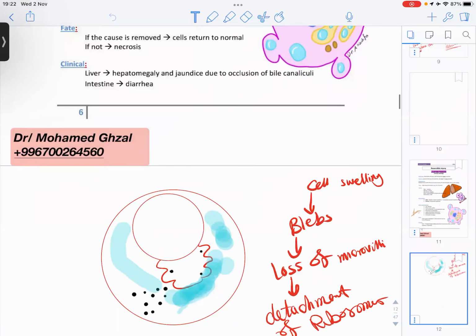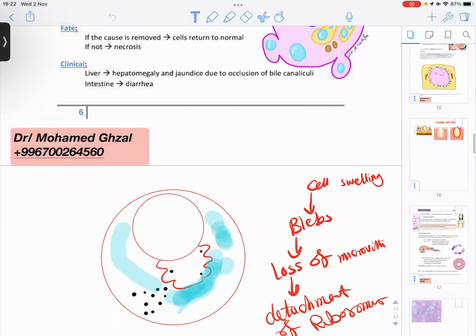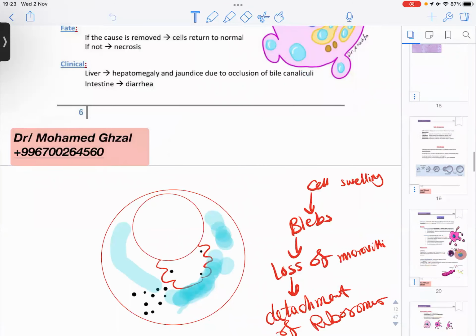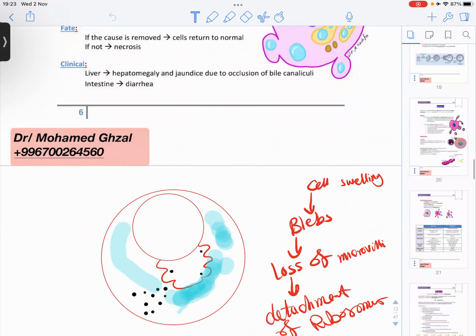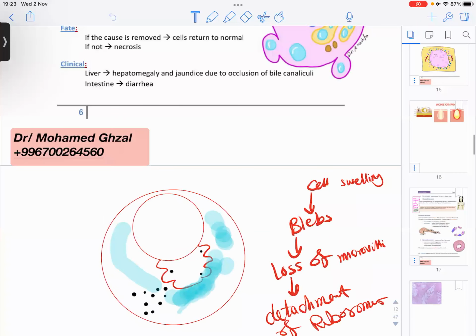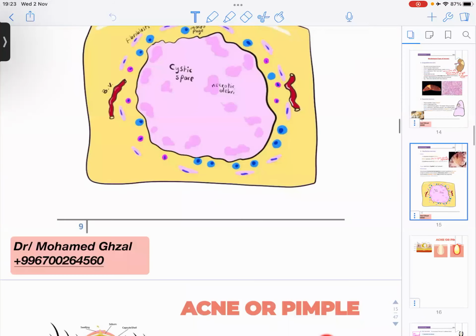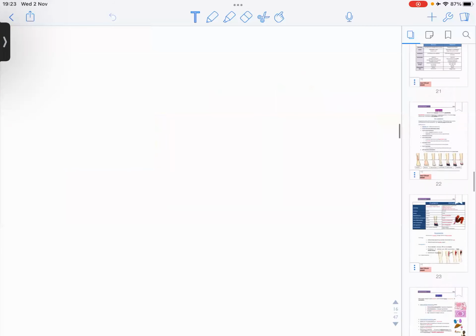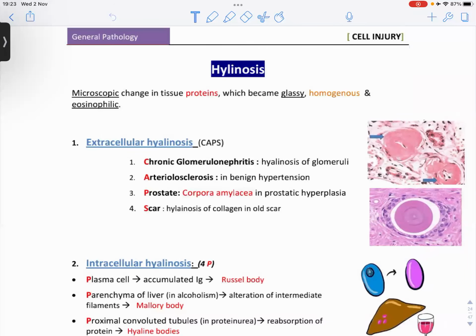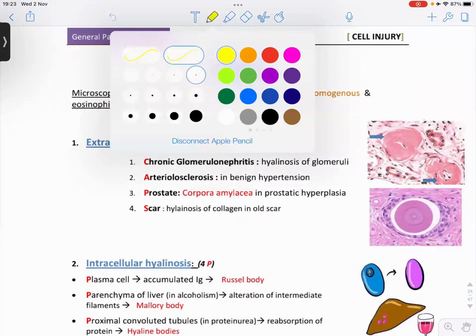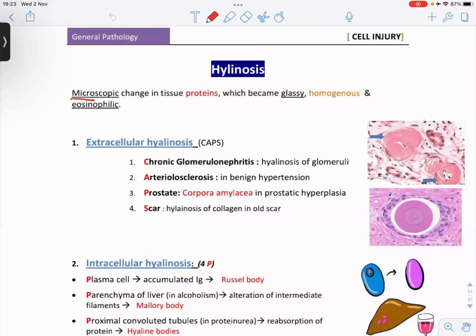And we talked about hyalinosis, and we said when the cell starts to accumulate protein inside the cell, it's called hyalinosis. And we see that hyalinosis is a microscopic change. It means that we cannot see it by our eyes, we just see it by microscope.